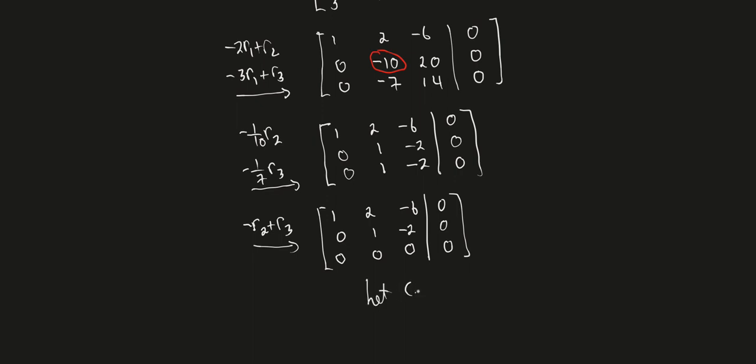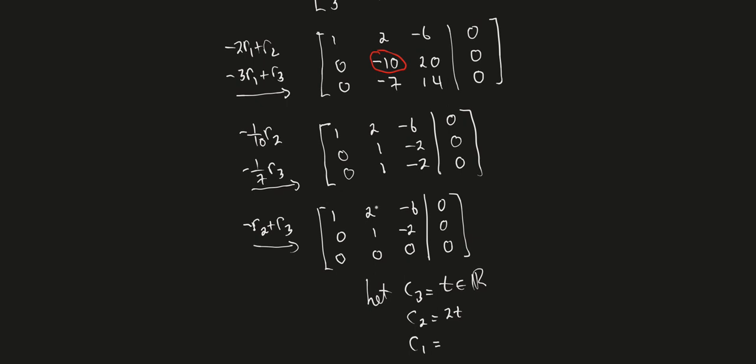So let C3 be equal to t, some real number, right? Then this tells me that C2 will have to be 2t, and then C1 would have to be, okay, let me write this down.